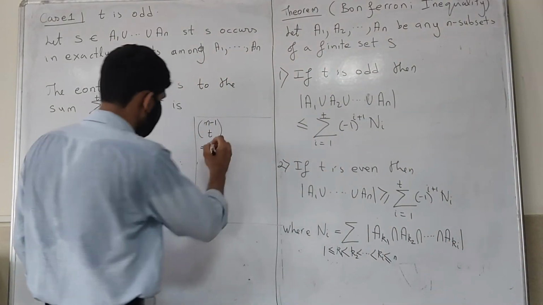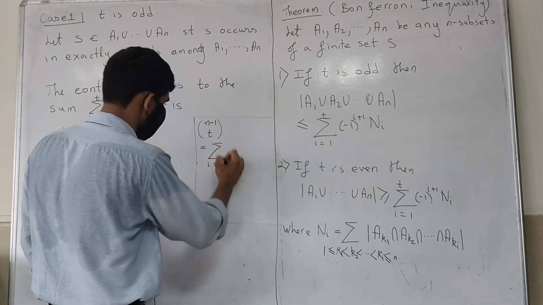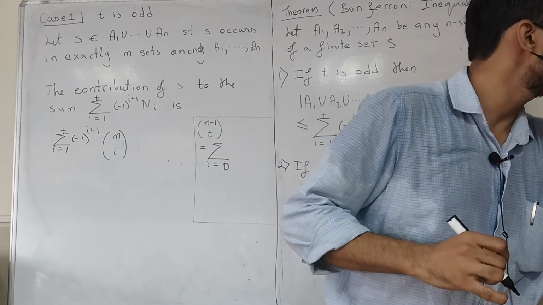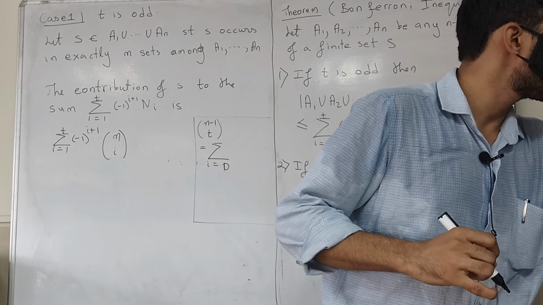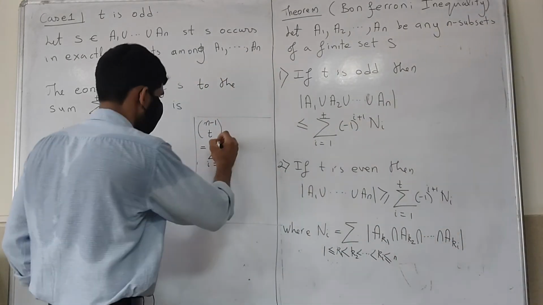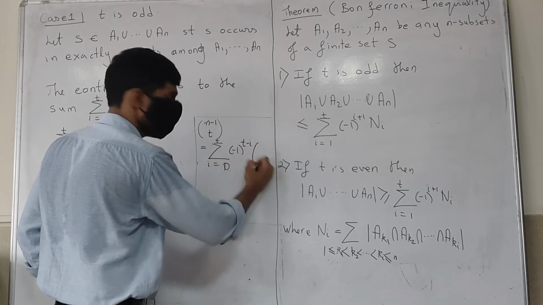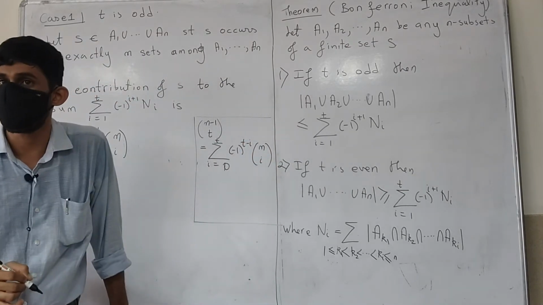By the previous theorem, this is summation I going from 0 to t, minus 1 raised to t minus I, MCI, right? This is what we know from the previous theorem.